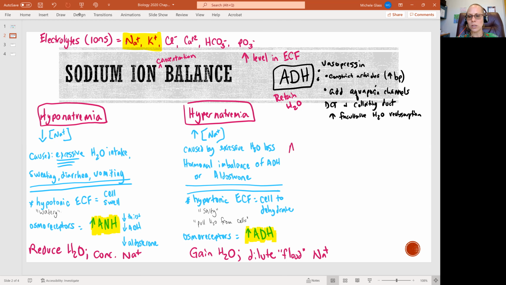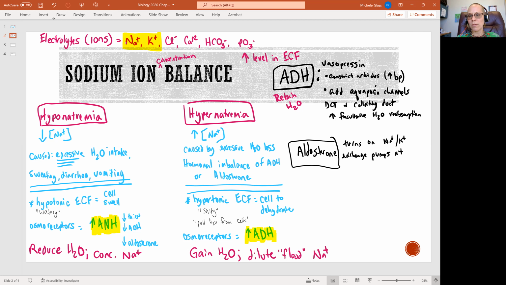We've also mentioned here aldosterone. Remember, aldosterone has the job of turning on sodium ion, potassium ion exchange pumps at, I would say, both the DCT and the collecting duct in the nephron of the kidney.